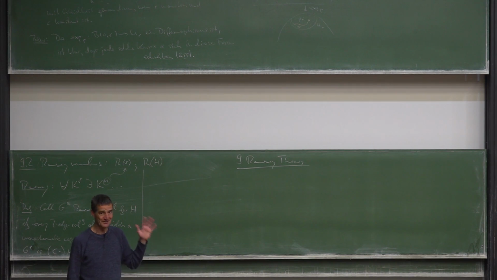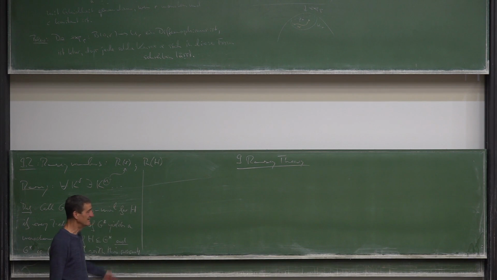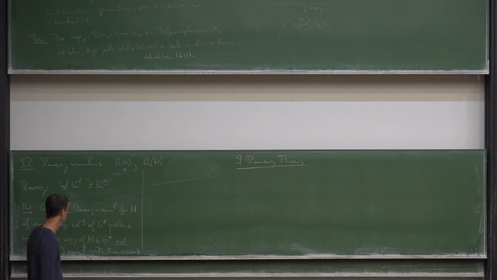No, we can't delete a vertex, because if that still had the property, then that would contradict the definition of the Ramsey number of H, of this Kn realizing that Ramsey number, right?